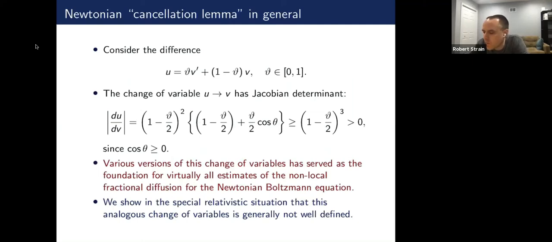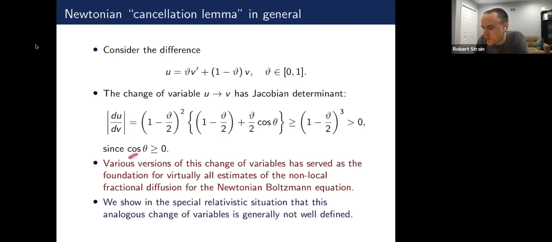So in general, consider the difference. u is theta v prime plus 1 minus theta v, and theta is in (0, 1). And then the change of variable from u to v has Jacobian determinant du dv equal to (1 minus theta) squared times (1 minus theta plus theta cosine theta), like that.